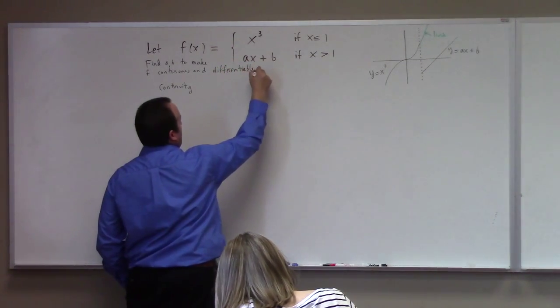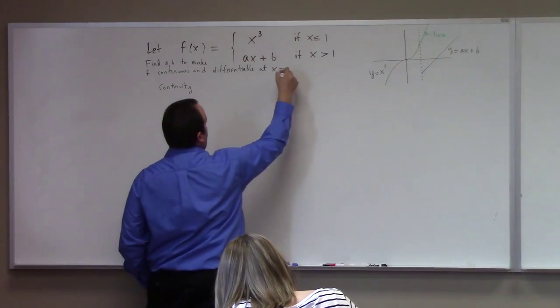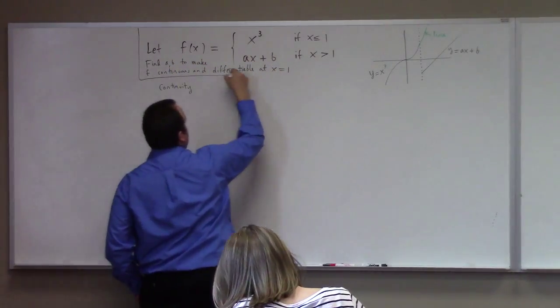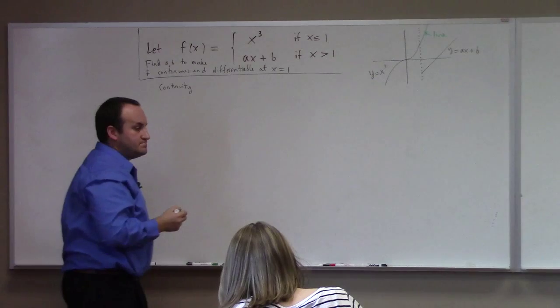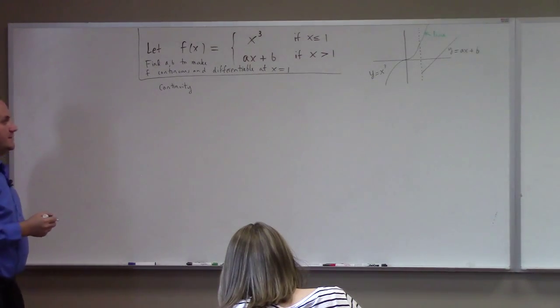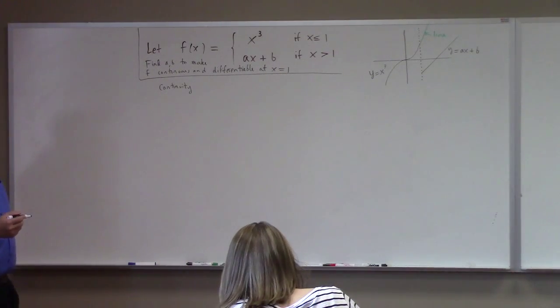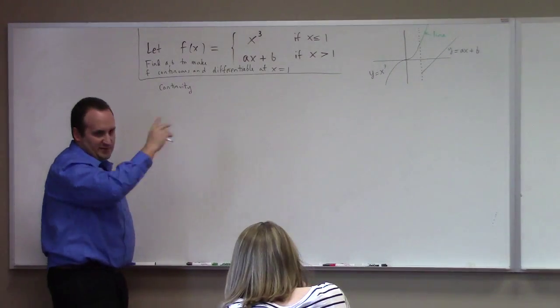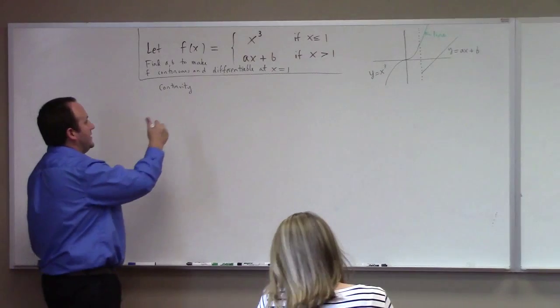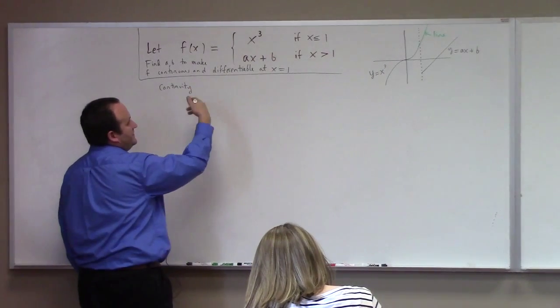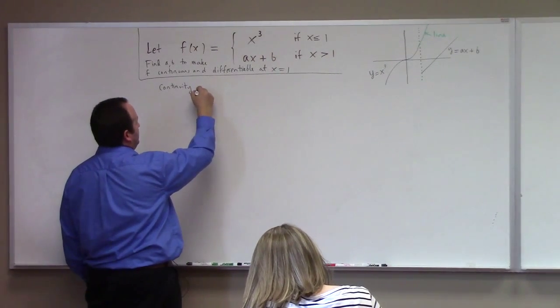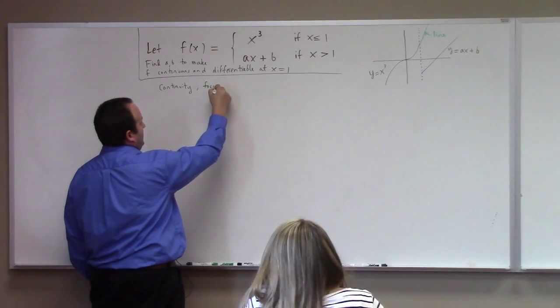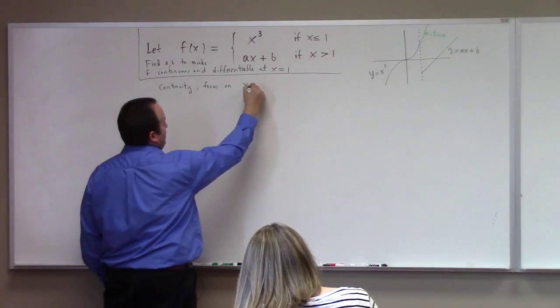What does that mean? It means it has a derivative. You mean to tell me that not all functions have derivatives? Indeed, I do. But I'll do that next. Let's focus on continuity. Continuity is clear everywhere except for one place, at x equals 1, right?